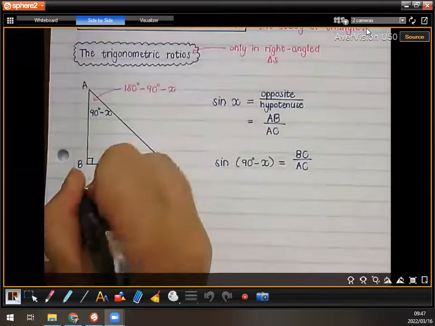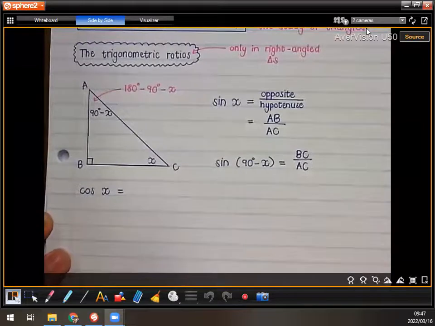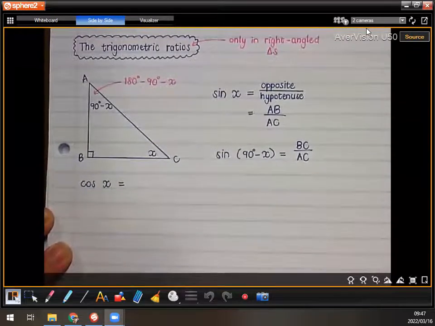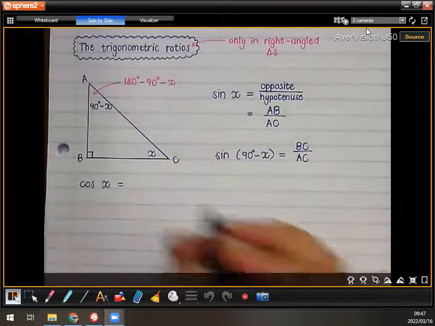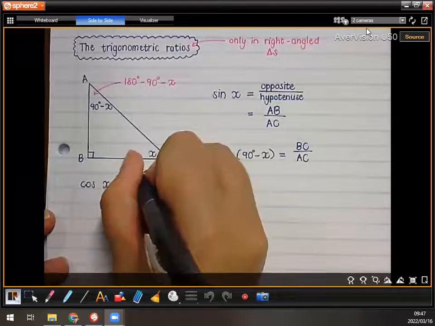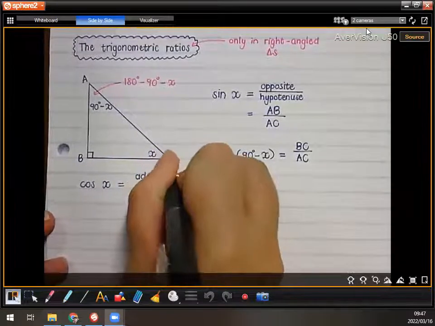The other one is cos. So cos of x. Again, we're going to look at x. Sorry, I should actually just write down the formula first. This one is adjacent over hypotenuse.